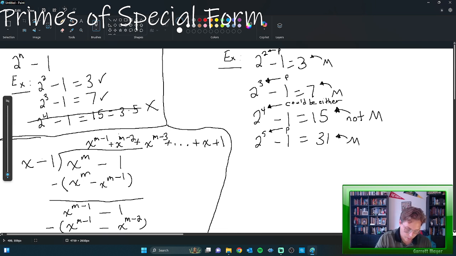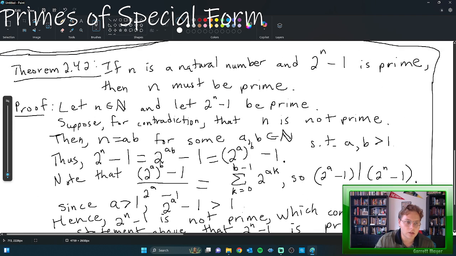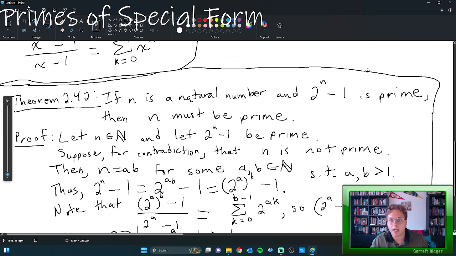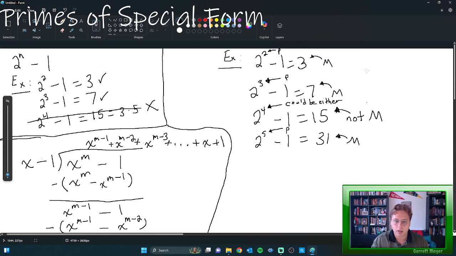So let's look at an example of that. Also note that this only proves one direction. If n is a natural number and 2 to the n minus 1 is prime, then n must be prime. But the reverse isn't true. If n is prime, then 2 to the n minus 1 could be anything. It's not necessarily prime. So let's see that counterexample here.